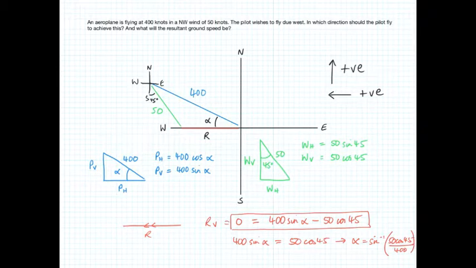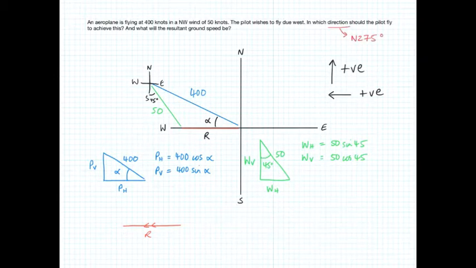And that gives us an angle of 5 degrees. And it's 5 degrees from the west. So if we wanted a bearing from the north, it's going to be 270 plus 5, so a north 275 bearing.